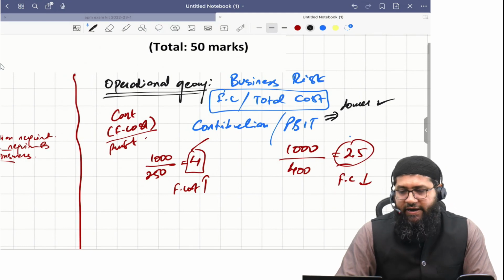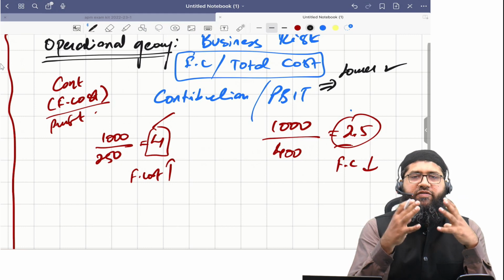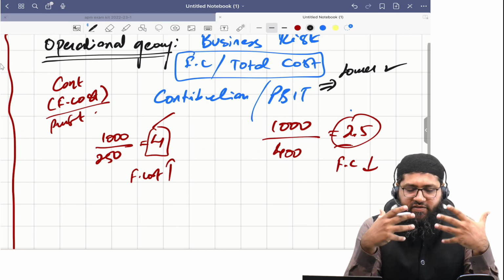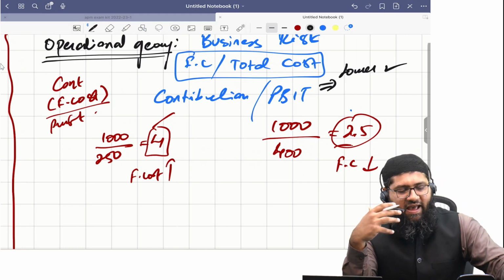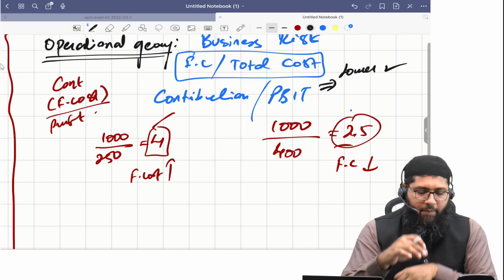Get my point. So operational gearing is a measure of business risk: what is the risk associated with this business, to what extent the business carries a risk. That is the concept of operational gearing.